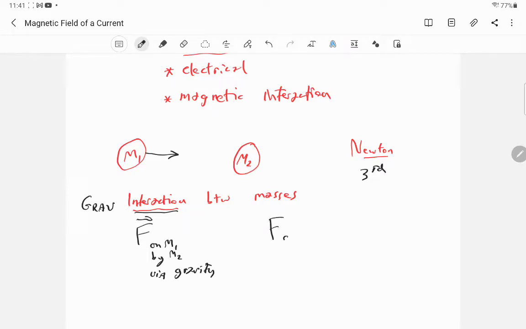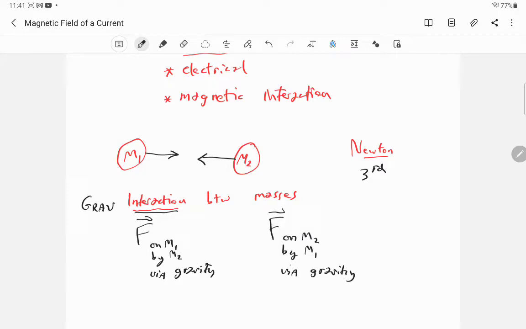There's also a force on M2 by M1 instead. You can see that I switched the labels. This is also via the same single gravitational interaction between these two masses. That arrow is attached to M2 and points towards M1 because gravity is attractive.